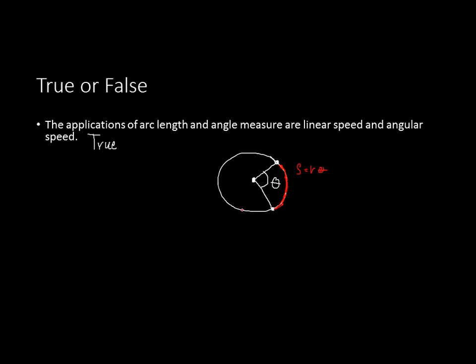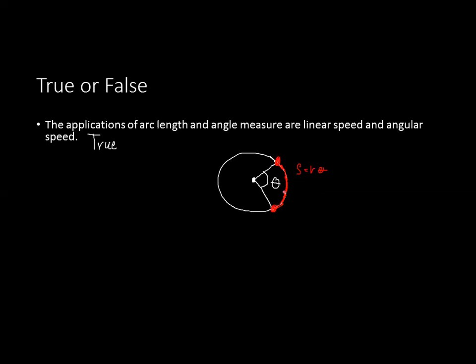Now, we can apply that in real life. Suppose that this circle is a circular path, because it's possible that you can walk, jog, or move an object in a circular path. So let's say that you are walking around a circular park. You start from this point and you end at this point.